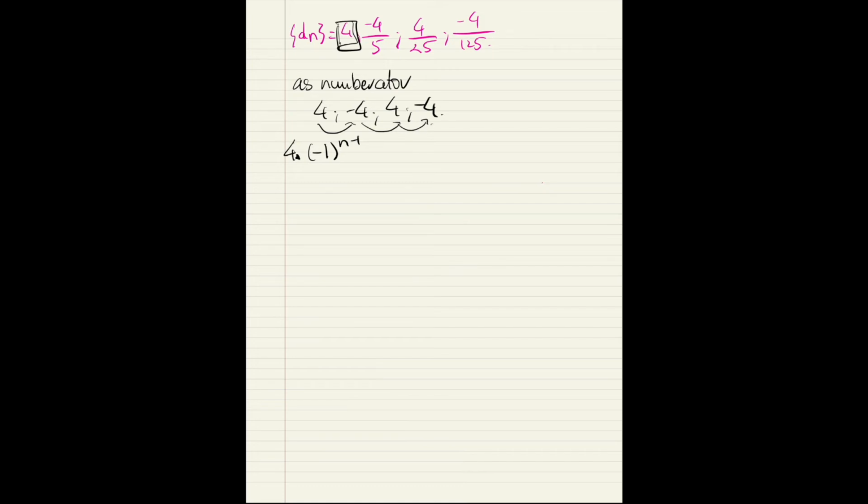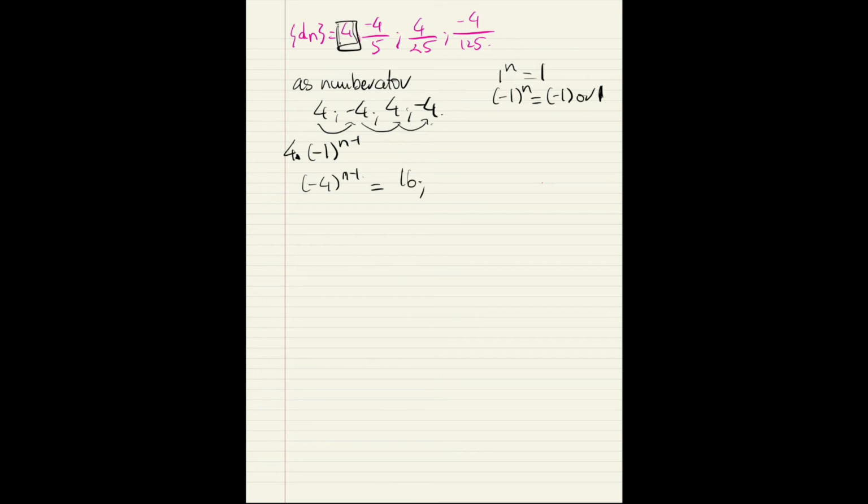Some of you are going to ask, why don't we just have -4 to the n minus 1 like this? This is wrong. It's -1 to the n that helps you change the sign, because 1 to the n is just equal to 1, while -1 to the n is equal to either -1 or 1. But if you have -4 to the n like this, if n equals 2, then -4 to the 2 is 16.